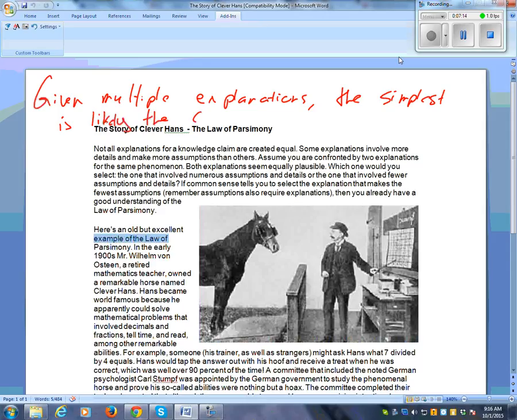Likely correct? Yeah. In other words, keep it simple, right? The most obvious. You've heard the expression where there's smoke, there's fire, right? There's talk about going with your gut, and there's also using your head, right? Sometimes going with your gut isn't always the best. Common sense isn't always the correct answer. I've got an example of that right away. But the law of parsimony says that given two explanations, given multiple explanations, man, my writing's bad, the simplest is likely the correct.